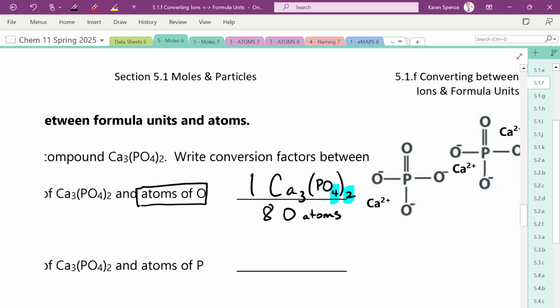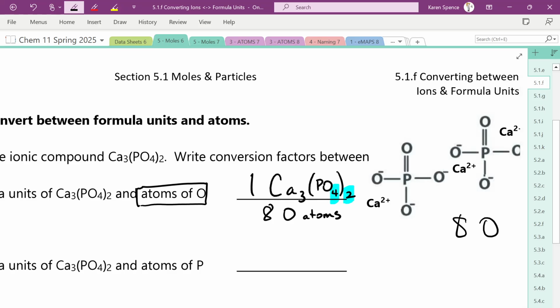Okay. Now, I know I said you can leave off the ions and stuff, but if you don't write atoms beside O, it just looks weird. If you just write 8O, it looks like you're trying to write 80. It becomes unclear. So just think about what you're writing.